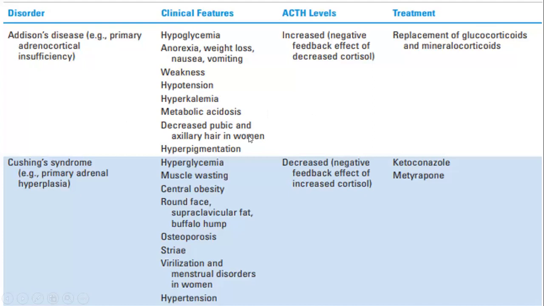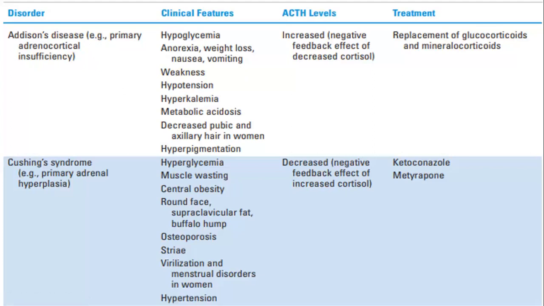Then remember also that in Addison's disease, because of the autoimmune destruction of the adrenal cortex, this also results in decreased production of your mineralocorticoid. Decreased mineralocorticoid. And so, again, what's the action of your mineralocorticoid? It increases sodium reabsorption, it increases potassium secretion, and it also increases hydrogen secretion.